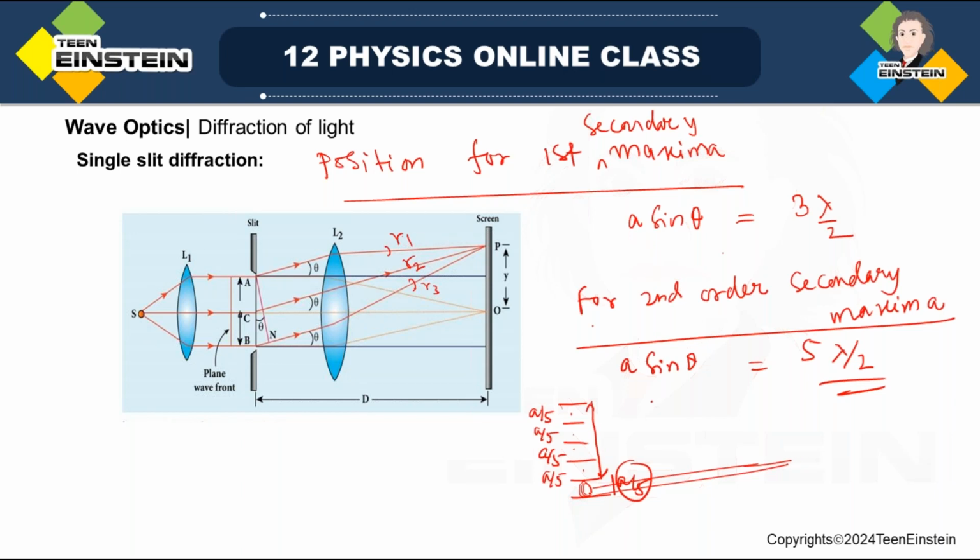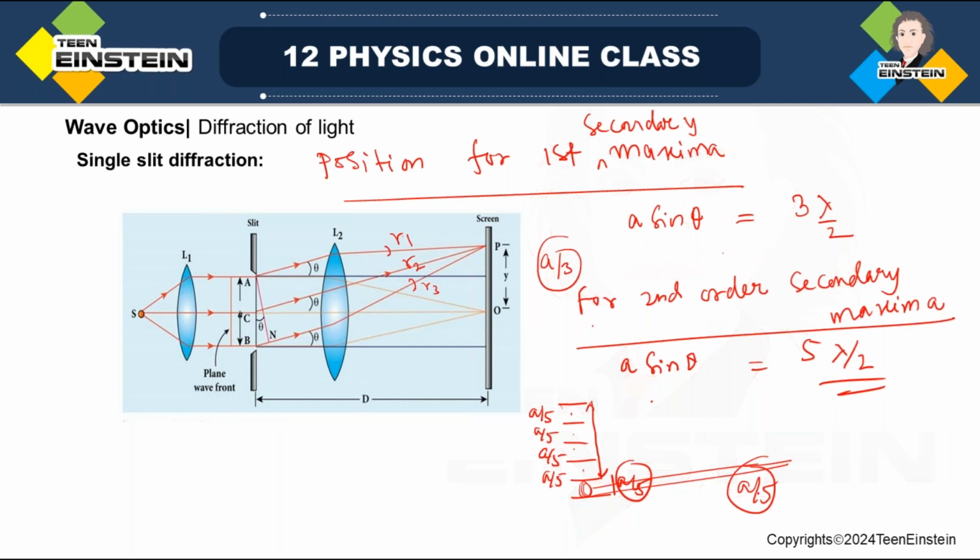So you will get further lesser intensity, because earlier we had light from the a/3 portion of the opening of the slit. Now you are getting light from the a/5 portion.